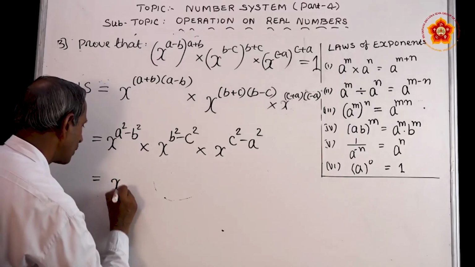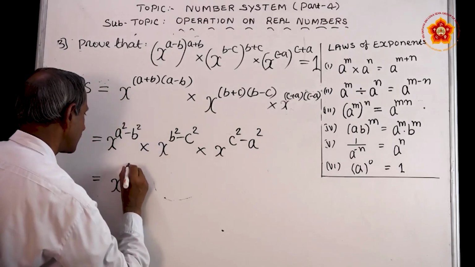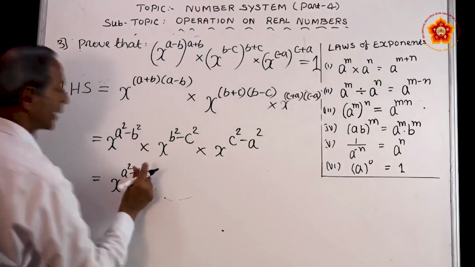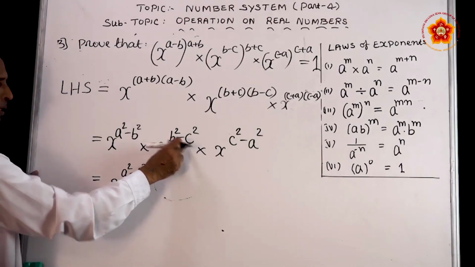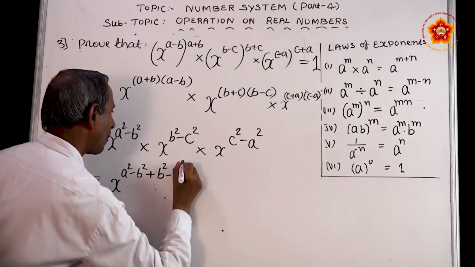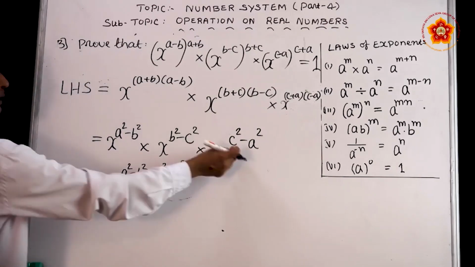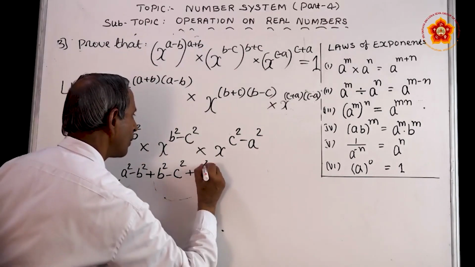x to the power of, first the power is a square minus b square, as it is. Now second, the power is b square minus c square, you have to add that, plus the power c square minus a square, that also you have to add.